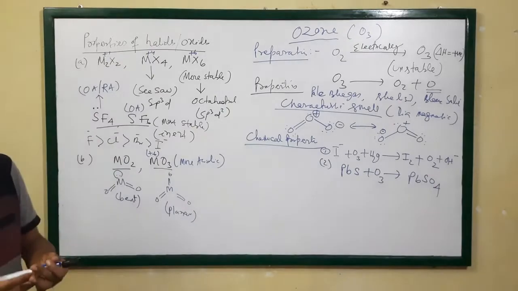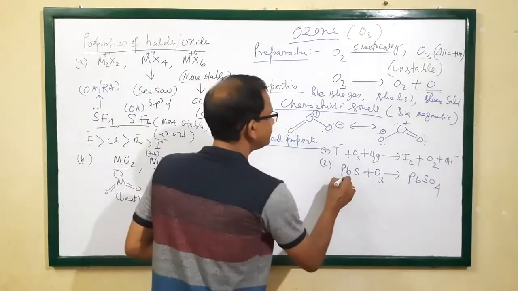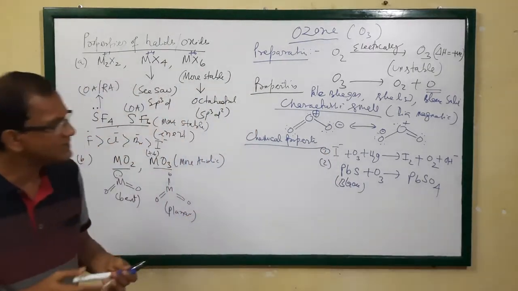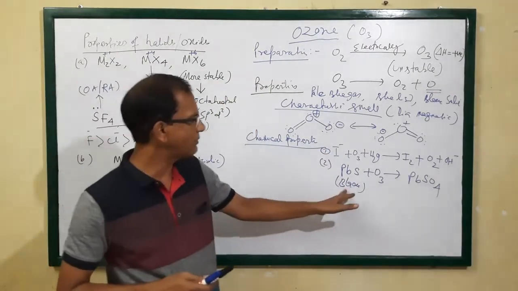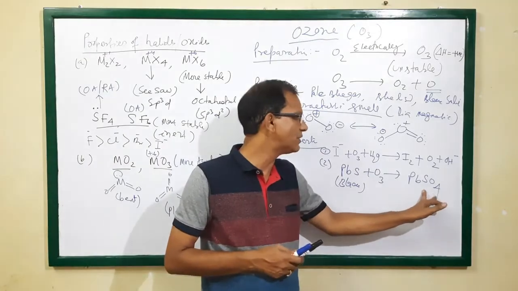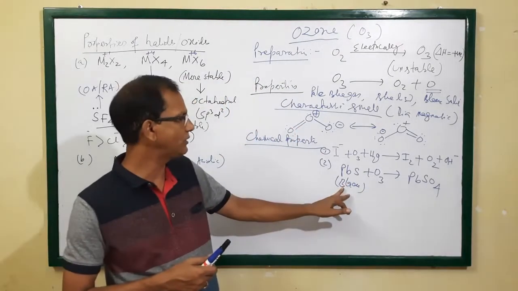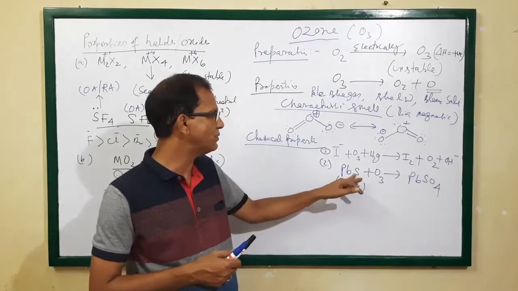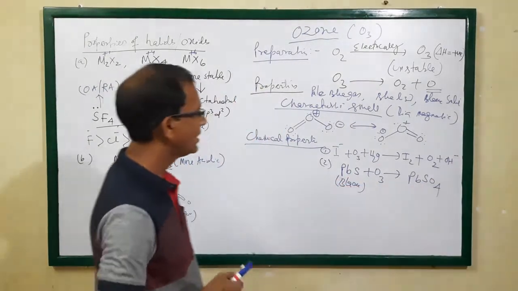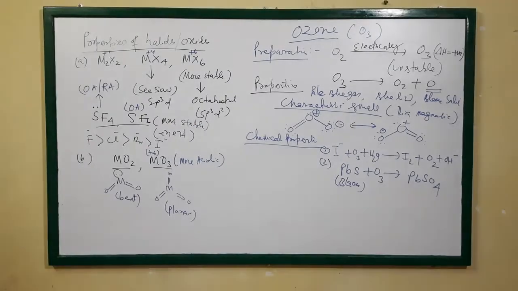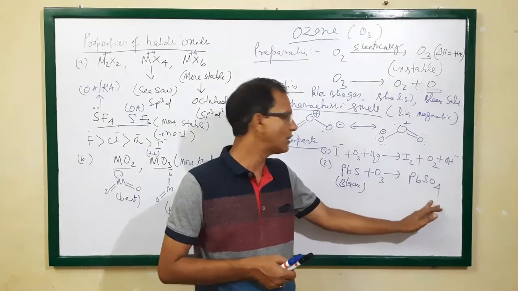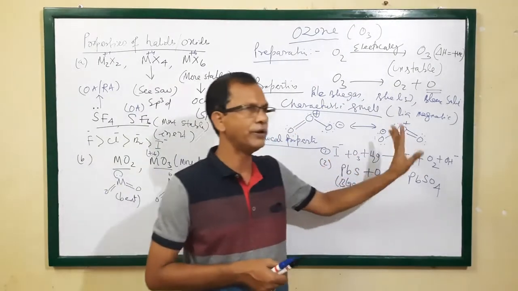That means this black color PbS can be removed, that is, decolorized. Black color can be decolorized by ozone because ozone oxidizes PbS to PbSO4. It is also one important oxidizing property of ozone: lead sulfide to lead sulfate, iodide to iodine.